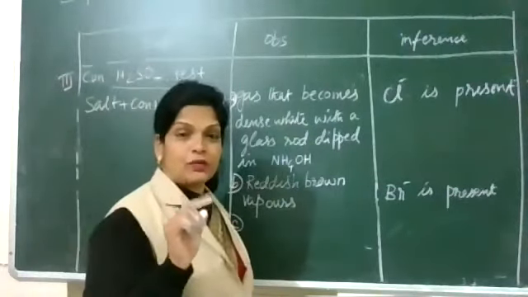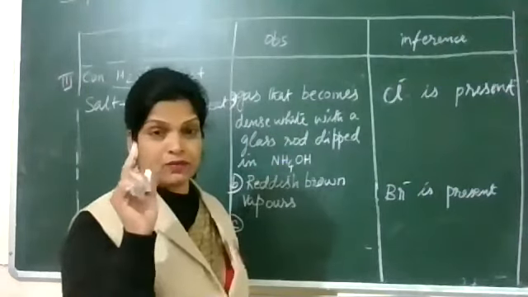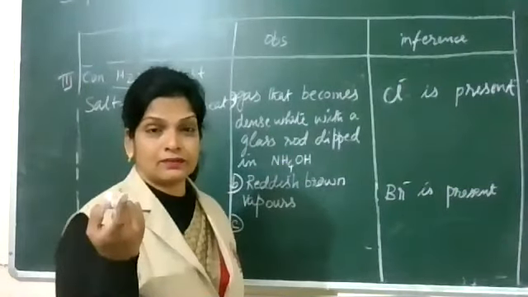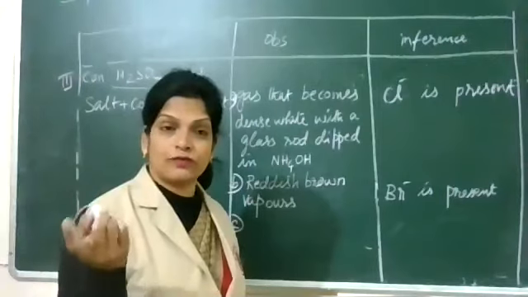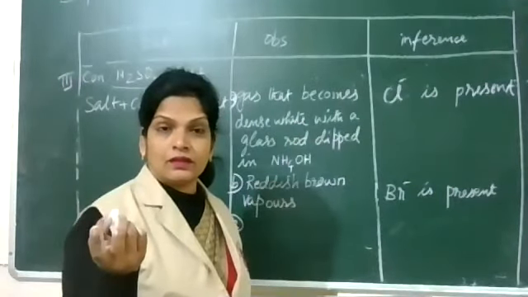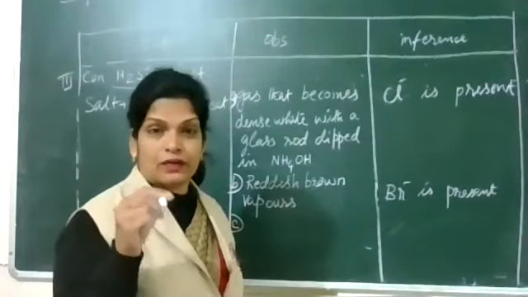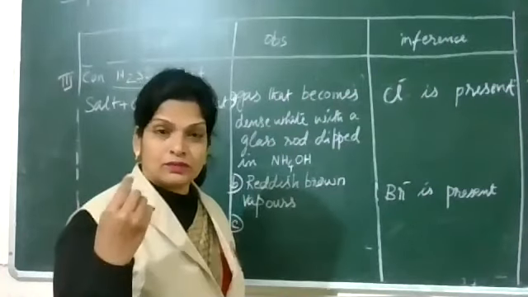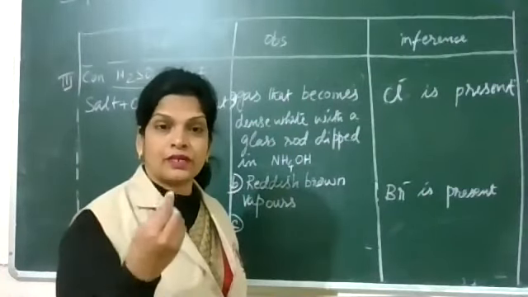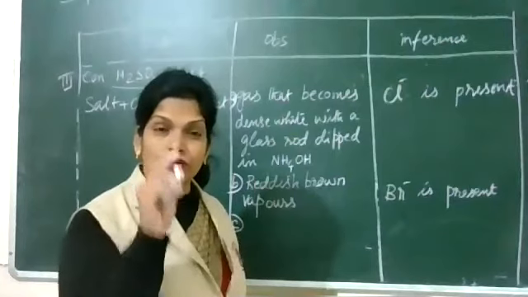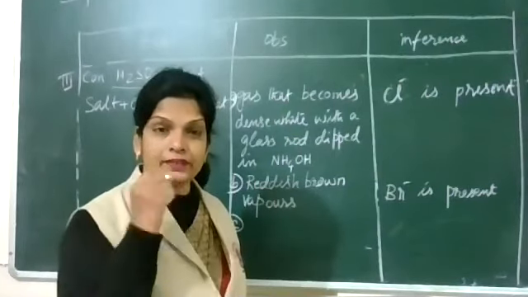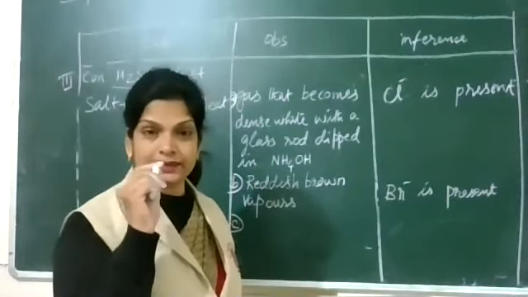If you are doubting the vinegar-like smell, what is the vinegar-like smell? Some of you know the smell of vinegar. If you don't know what a vinegar-like smell is, take the fourth number bottle, open it and smell it. In that acetic acid is kept.